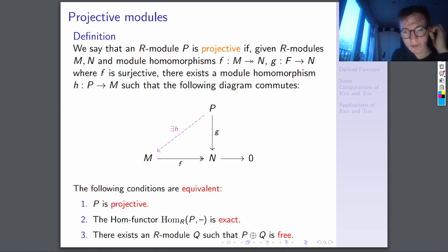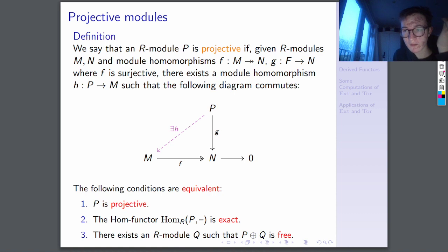So these three are all equivalent, so I could have defined a projective module as any module that makes the thing exact, or in this way. I don't think this one here will be too important for the talk, but it's good to know anyway. These two are the important ones for the talk.